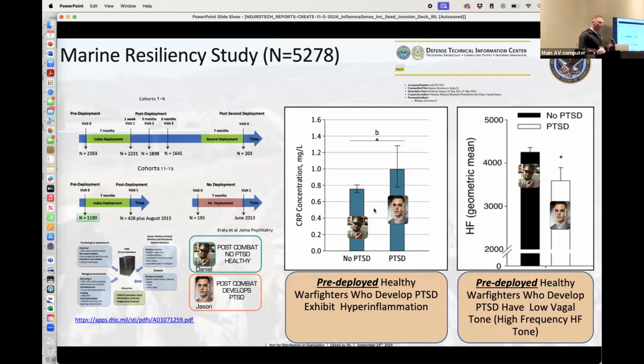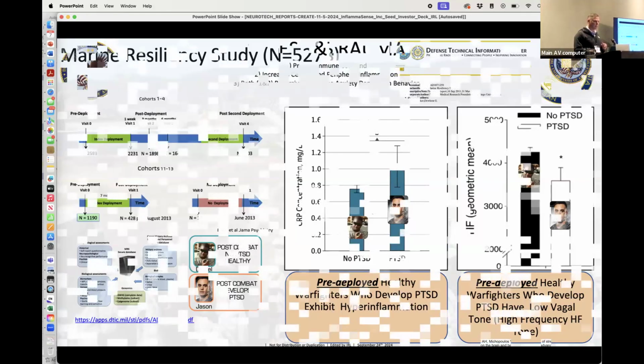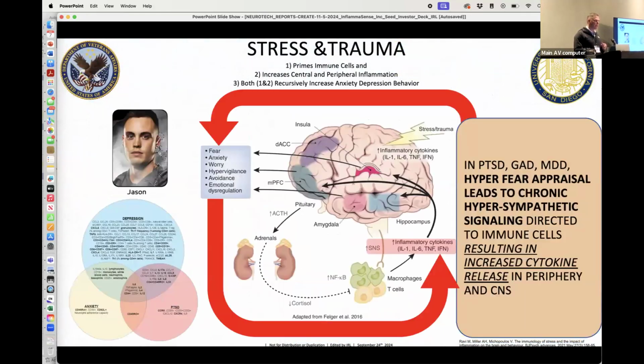But the bottom line is the soldiers who are more inflamed, as well as who have low vagal tone, are more likely to develop PTSD. These are seemingly healthy soldiers that were monitored before they went to war. Sometimes they had 2 deployments, and when they came back, we found that those who had PTSD had this preemptive inflammatory cascade.